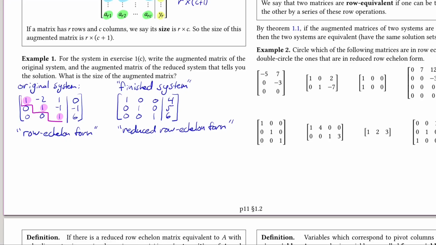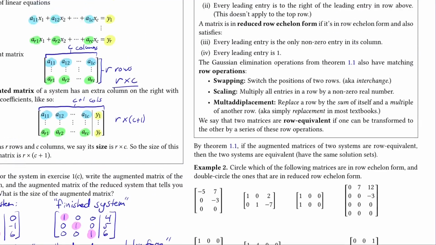On the second row, the leftmost non-zero entry is this one here, because there's only 0 to the left of that. And then in row 3, the leftmost non-zero entry is this one here. So those are the leading entries. And same thing here. These are the leftmost non-zero entries in the finished system.